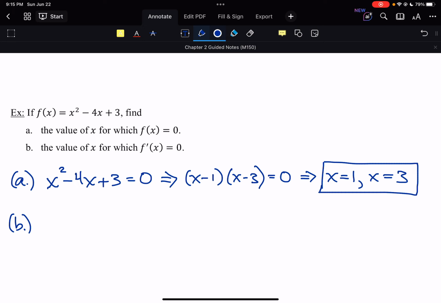But for the derivative, we need to take the derivative of the function first. So x squared, that's going to be 2x, minus the derivative of 4x, which is just 4, and the derivative of 3 is nothing.